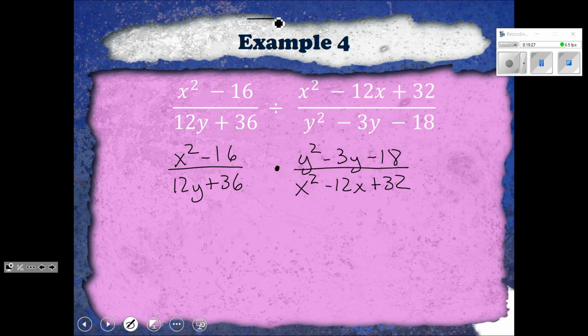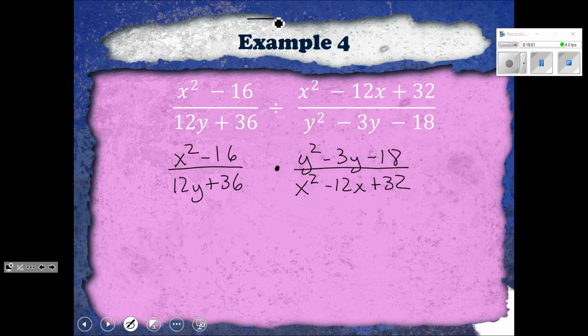Okay, so here's what I'd like for you to do. How many of these things can factor? How many of the pieces and parts can factor? Here, 2, 3, all. All right, so help me out. How could this one factor?